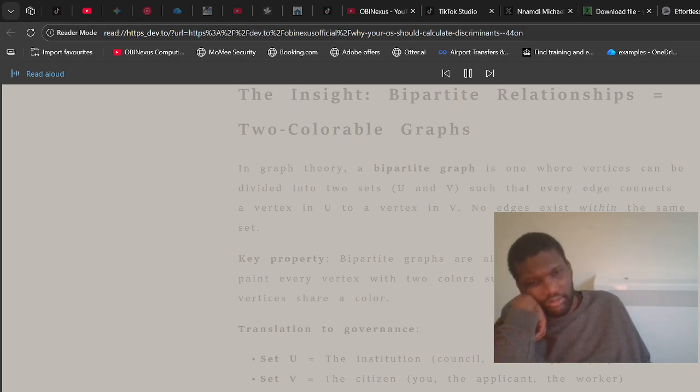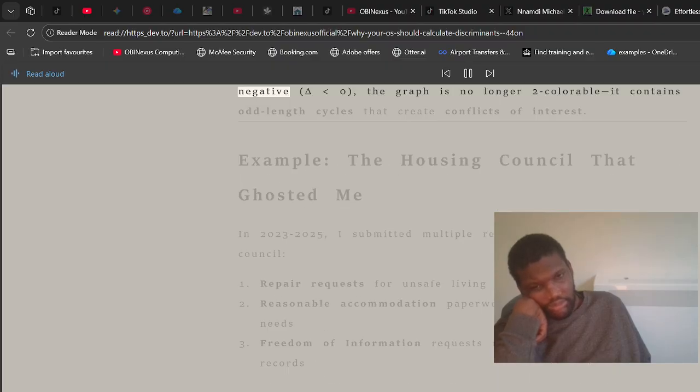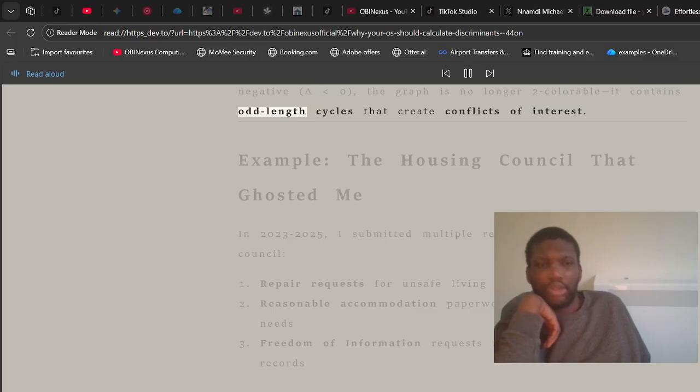A healthy system is bipartite. The institution and the citizen have distinct but coupled roles. When the discriminant goes negative, delta less than 0, the graph is no longer two-colorable. It contains odd-length cycles that create conflicts of interest.